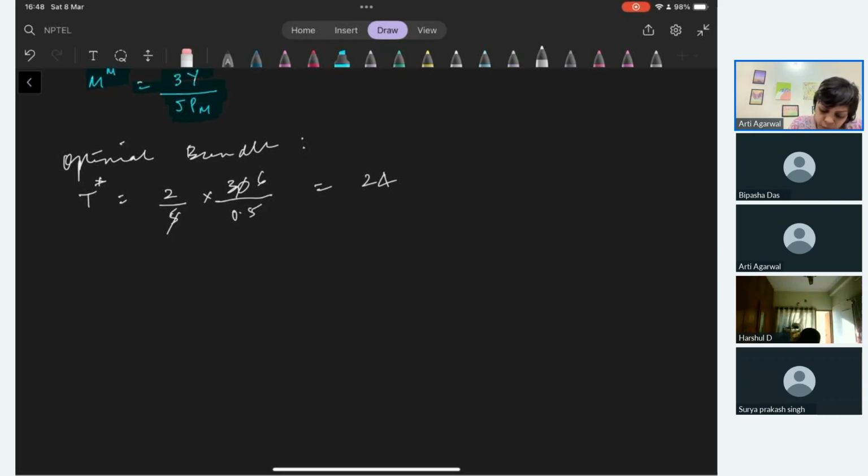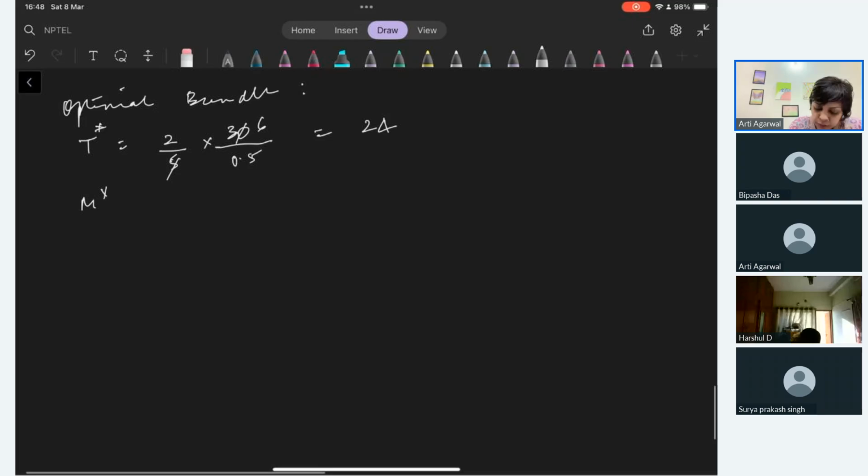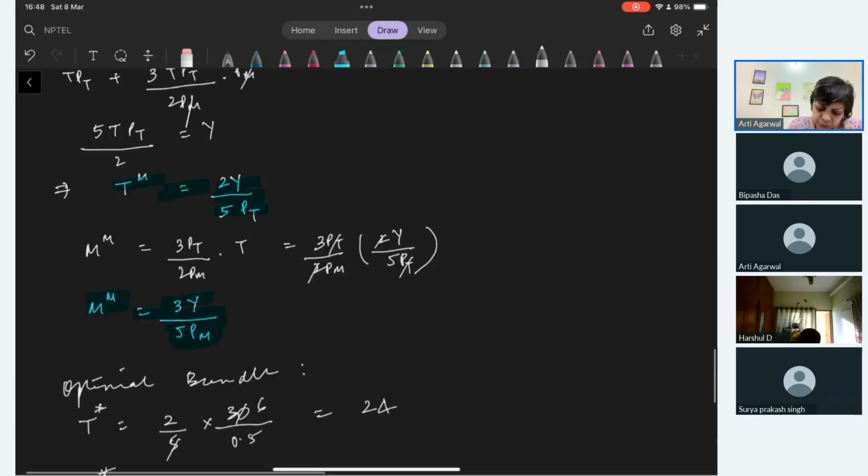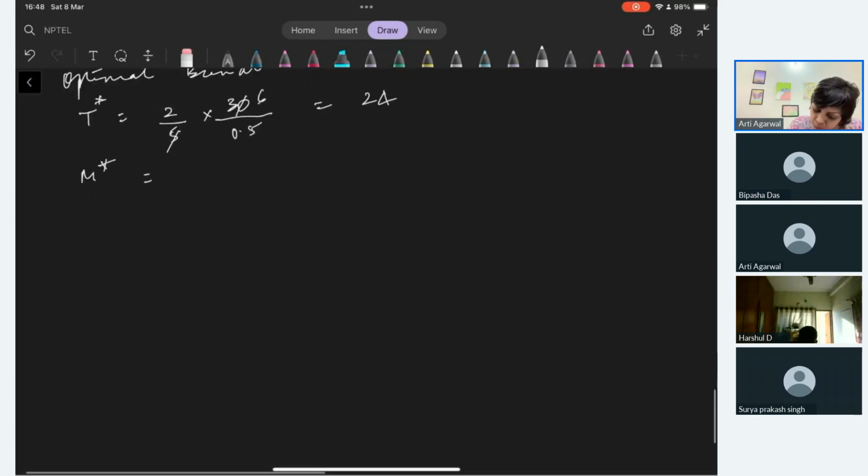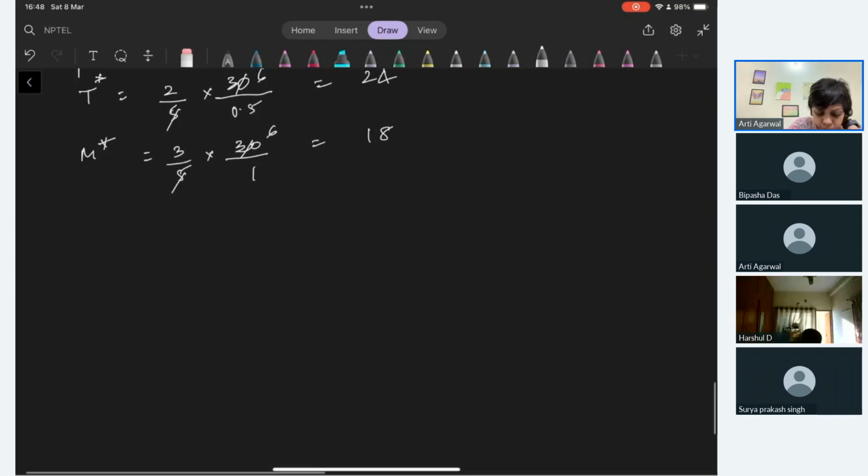So this is 24. M star is 3 by 5 Y by PM, into Y, and PM is 1. So this is 18. Okay, this is your consumption bundle initially.